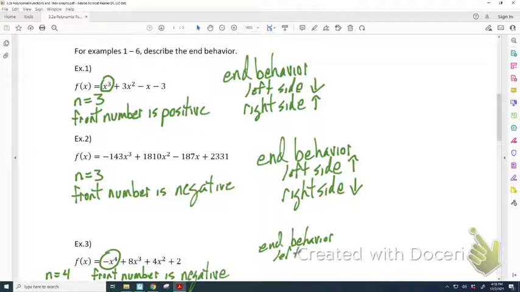Left side, right side. So this time n is even, so both sides are doing the same thing. It's negative, so it starts going down and it ends going down.